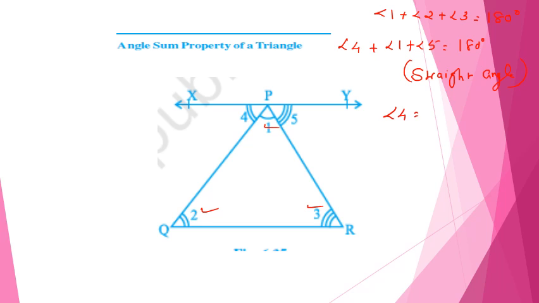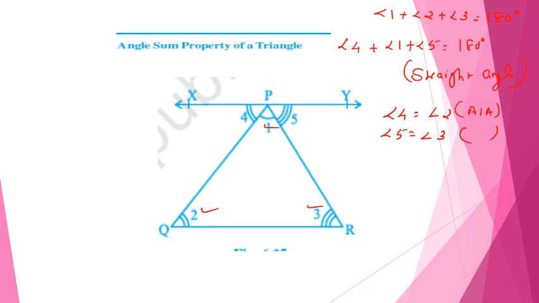But what is the relation between angle 4 and angle 2? Alternate interior angle. Angle 5 is equal to angle 3. What is the reason? Alternate interior angle.